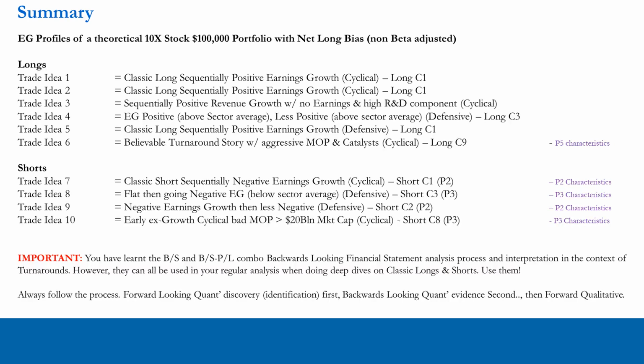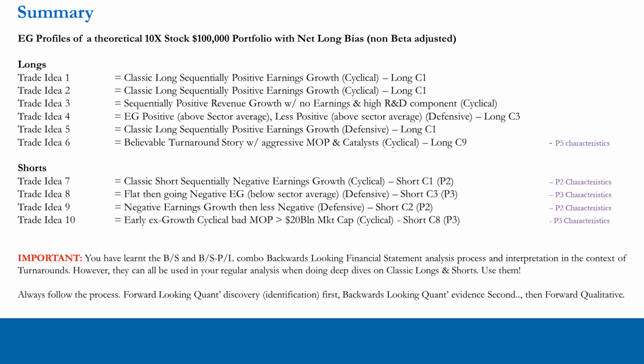Now, in this video, we've obviously covered a lot of ground when it comes to turnaround stories, the different earnings growth profiles and how we characterize them and how we look at them through a long and short lens. We've also looked at our balance sheet and our combo metrics that are backwards-looking financial statements.